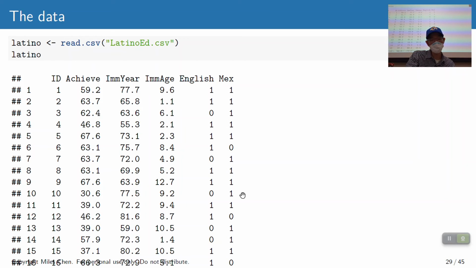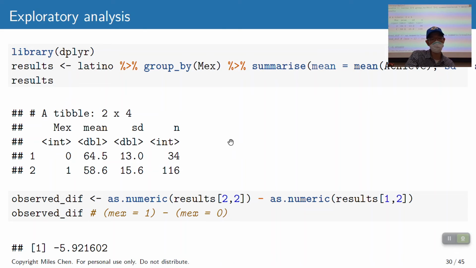What we're going to do is take our data set and calculate some summary statistics. We have immigrants from Mexico versus immigrants who came from other Latin American countries. We have 116 who came from Mexico, 34 came from other Latin American countries.